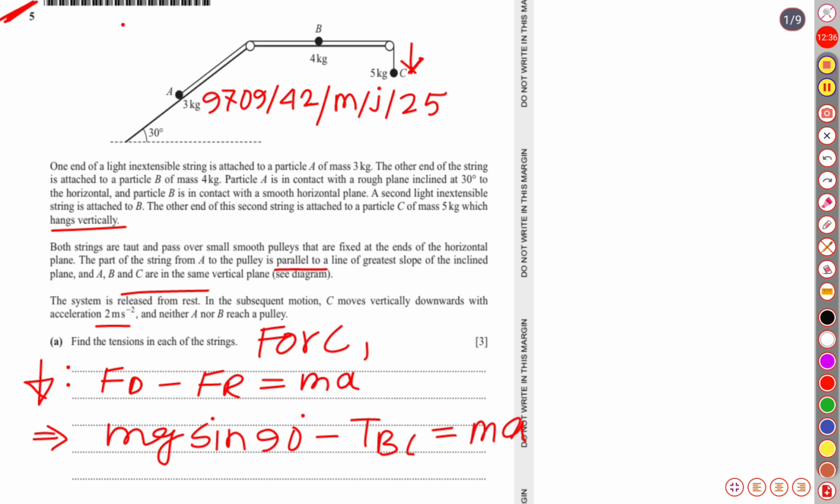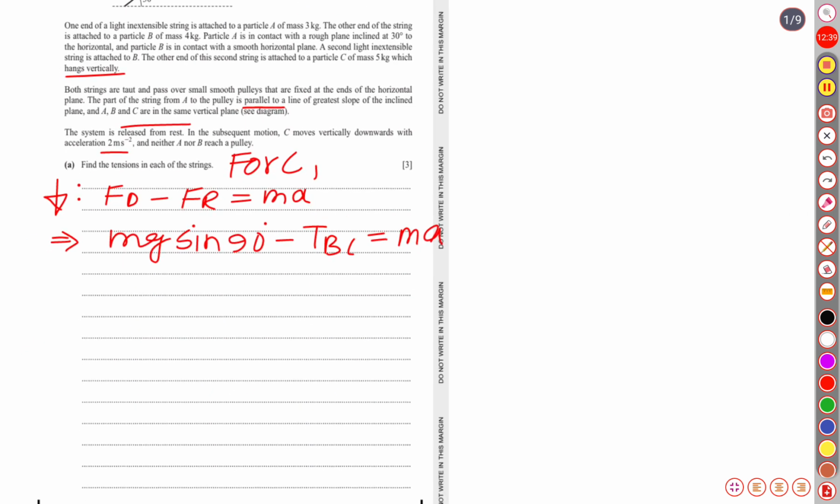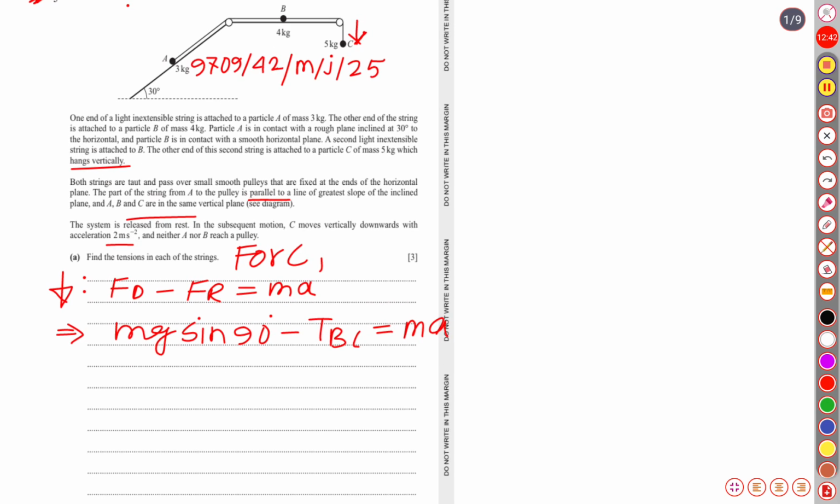Well, then we can substitute the values. Mass of particle C is 5, so 5 into acceleration due to gravity 10 into sine 90 is 1, which is unnecessary to be written, minus mass of particle C is 5, acceleration is given as 2, not 0.2, 2 is equal to tension in the string BC.